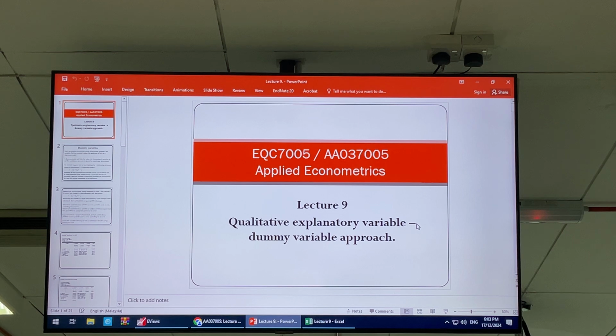So for today, qualitative explanatory variables. This means that among our independent variables, we use a dummy variable to represent a qualitative variable, or what is called the effects of different categories, using the dummy variable approach.